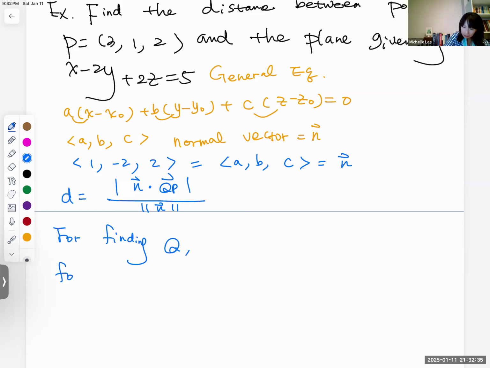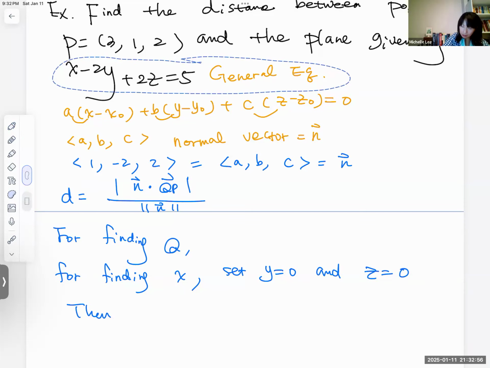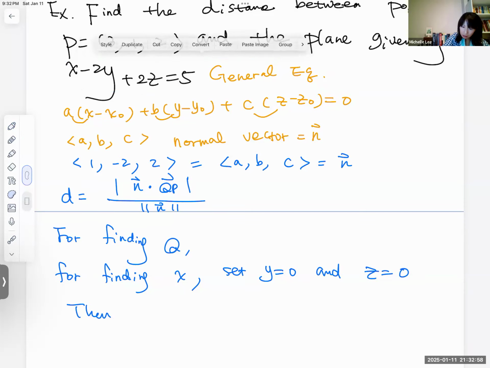Let's find x. Let's set y equal to 0 and z equal to 0. Then we have the equation, this one, the general equation. Copy.